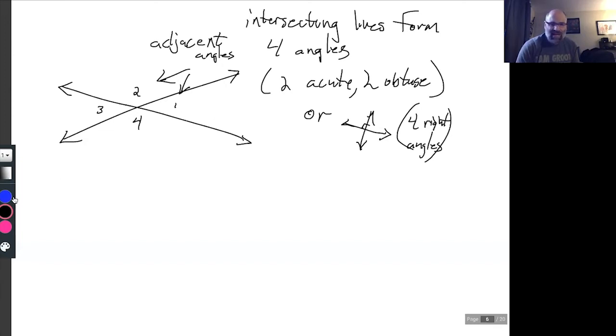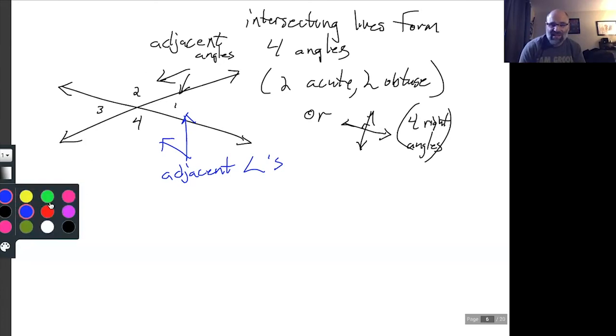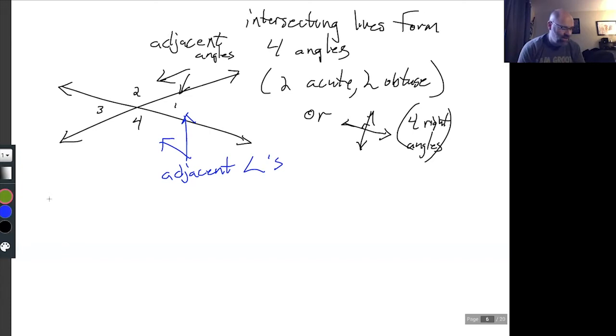So angles 1 and 2 are adjacent angles. Also, angles 1 and 4 are adjacent angles, right? Because they are next door neighbors and they share a ray, they share a fence. These are also adjacent angles, okay? So when you intersect two lines, these adjacent angles are always what we call supplementary, okay?